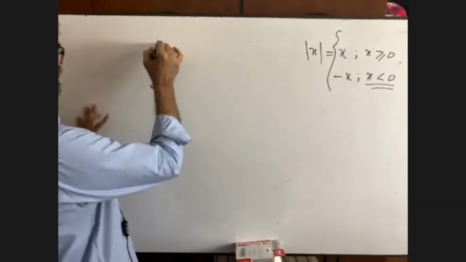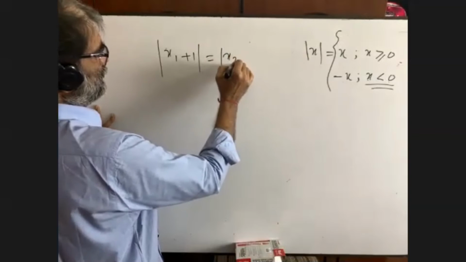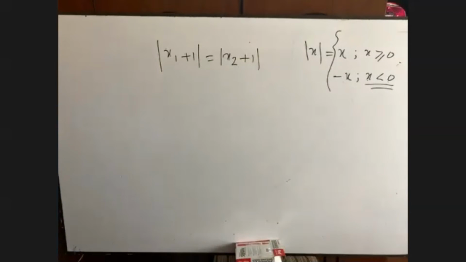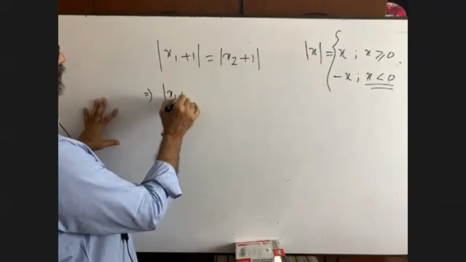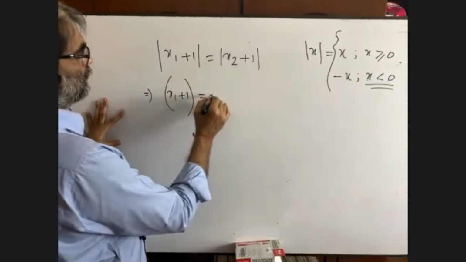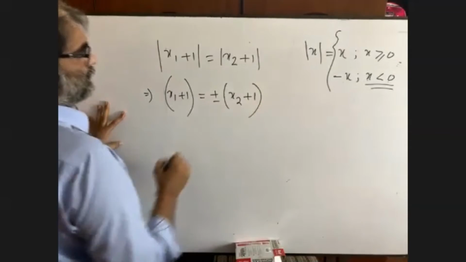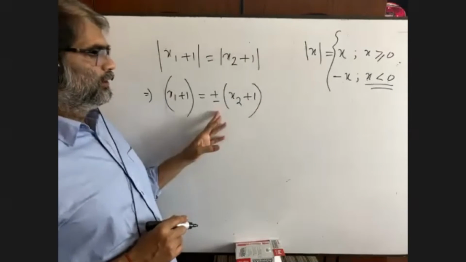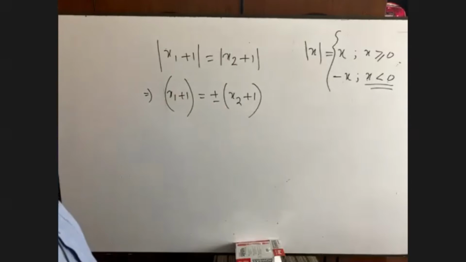Now, where we were, like this |x1 + 1| = |x2 + 1|. Can you remember? Perhaps you have written. Yes, sir. We were here. This implies that x1 + 1 is equal to plus minus (x2 + 1). If there is any absolute value, when you omit that sign, you have to always get plus minus.